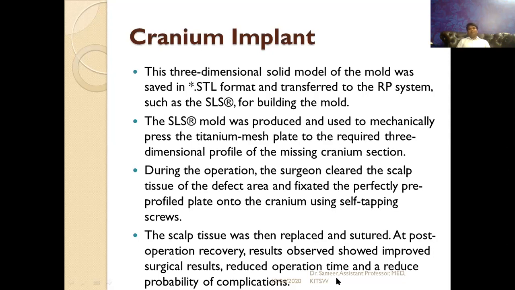When the patient was observed after the surgery and recovery, the results showed an improvement in the cranium defect area, and the operation time was reduced, and the complications that could arise due to conventional surgery were reduced as well.